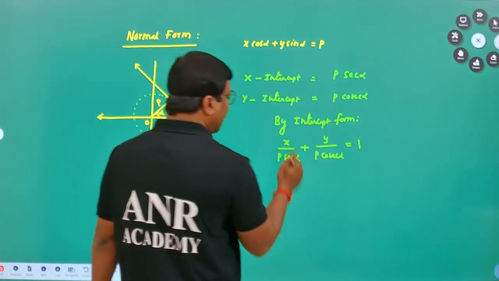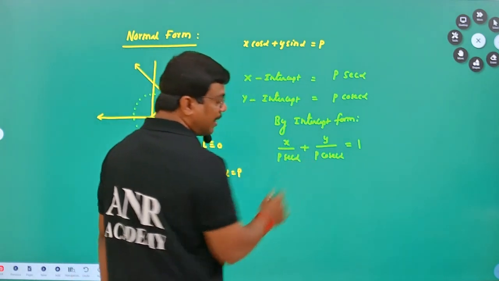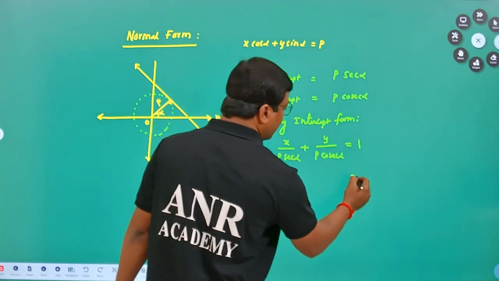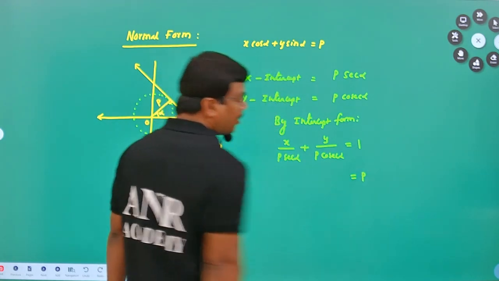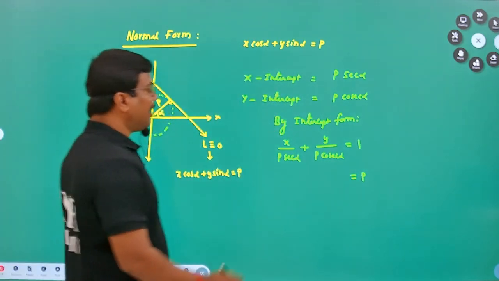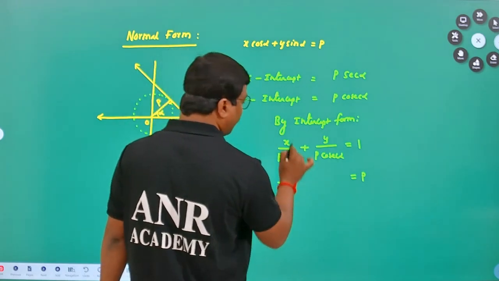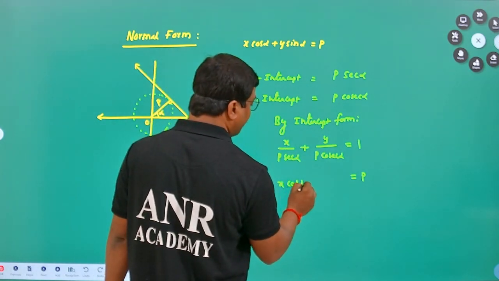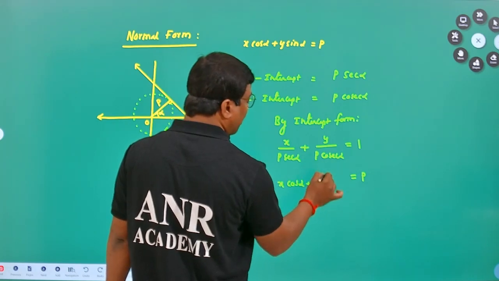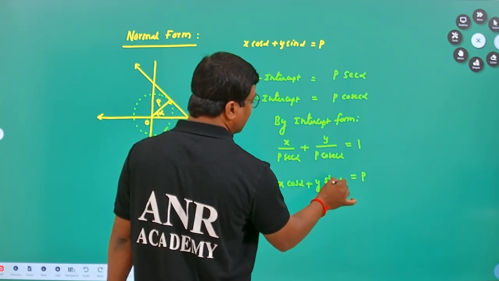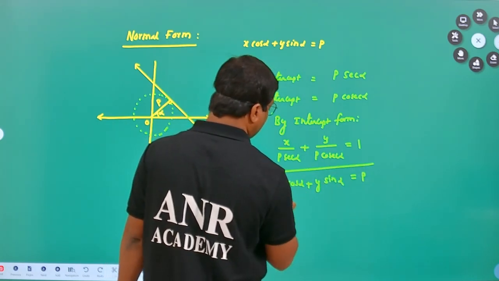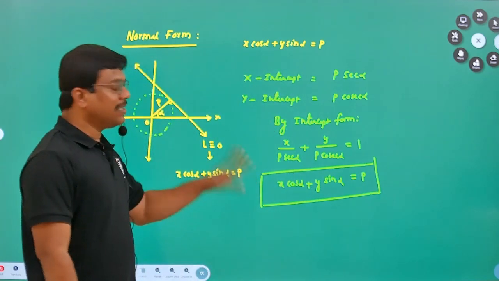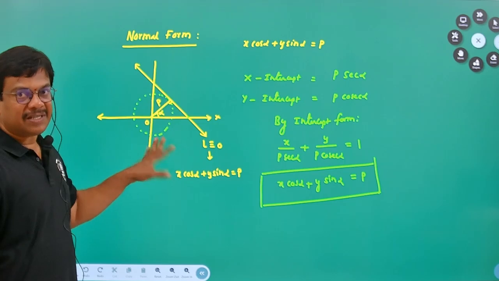In the denominator part you have p in common, transfer p to the right part. 1 by secant alpha is written as cos alpha. 1 by cosecant alpha is written as sin alpha. So you got the result, x cos alpha plus y sin alpha equal to p. That is normal form of equation of straight line.